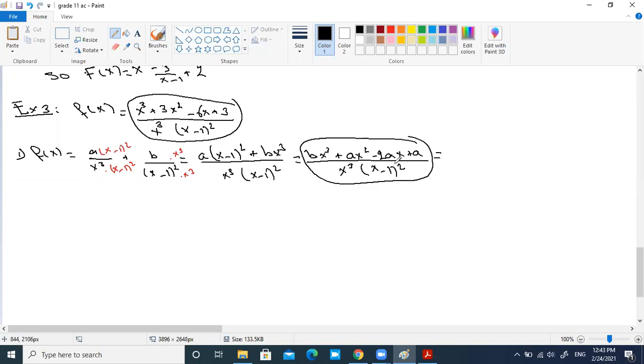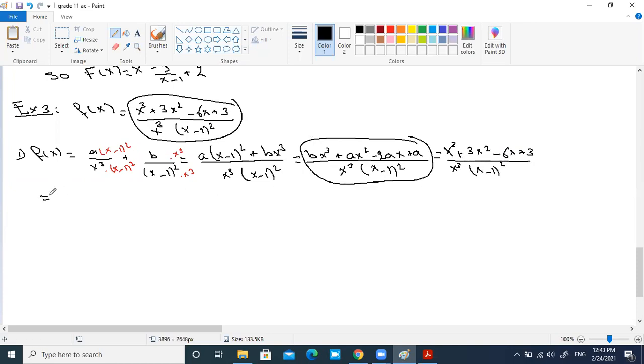Then this function is equal to x power 3 plus 3x squared minus 6x plus 3 over x power 3 into x minus 1 power 2.